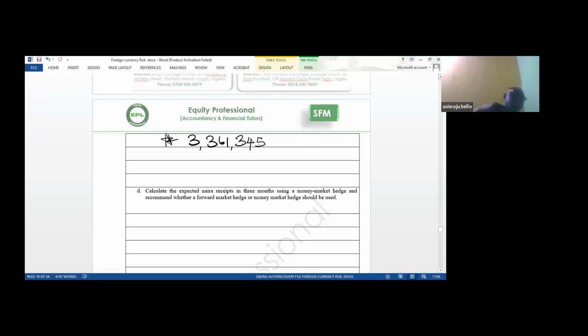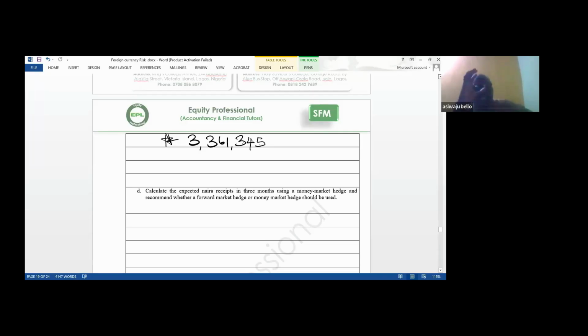The examiner now says in B, calculate the expected receipts in Naira in 3 months' time using money market hedging. What is money market hedging? How do we use money market hedging?